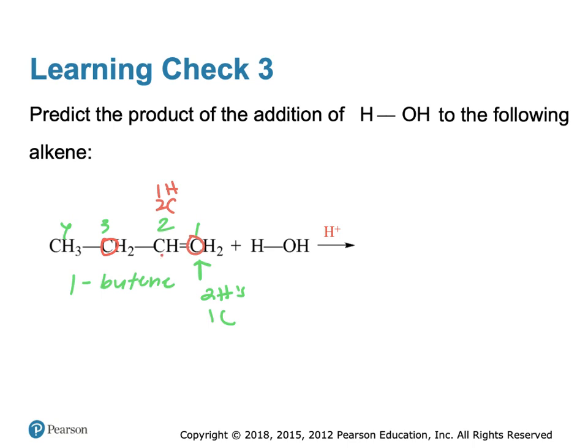So the OH group is going to add here to carbon 2, and the hydrogen will add here to carbon 1, so that our final product will be the following alcohol.